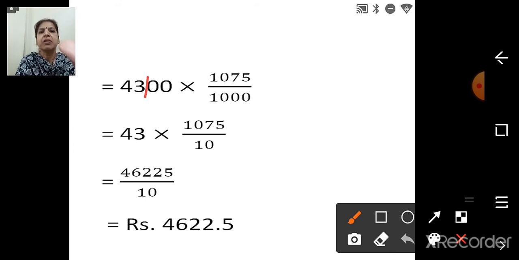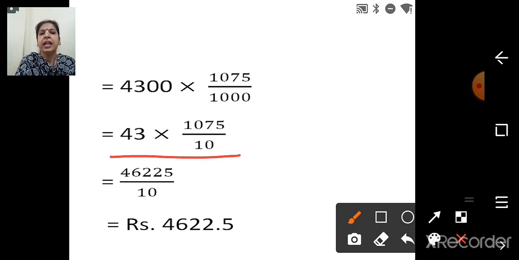Again the same thing, 2 zeros have been cut. When we cut the 2 zeros, what remains is 1075 upon 10. This calculation part you have to understand. What remains is 43 into 1075 upon 10.